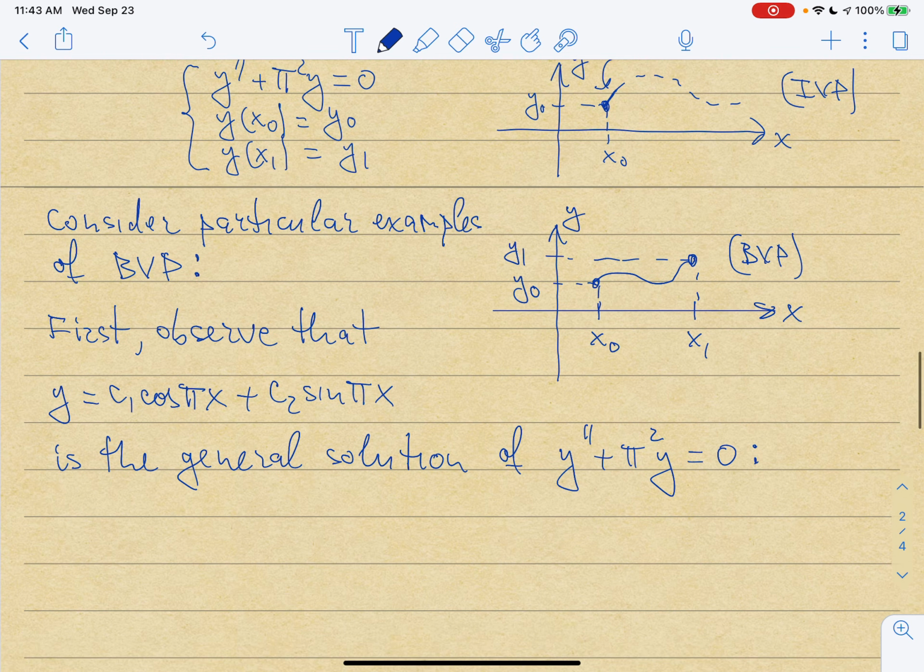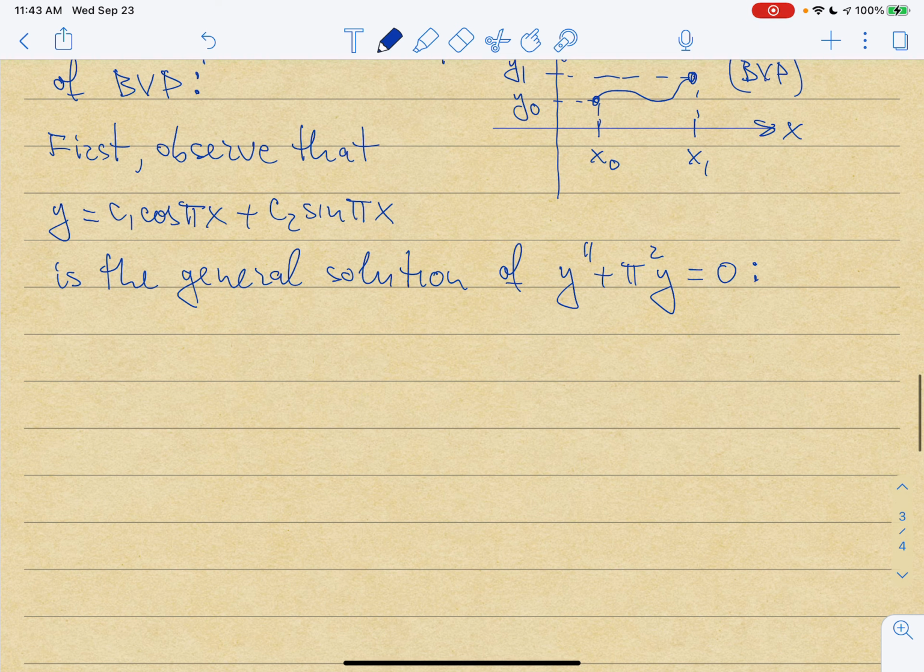We need to figure out the second derivative and then substitute the function and the second derivative into the equation. Let's check that. So y prime is minus pi c1 sine of pi x, the chain rule, plus pi c2 cosine of pi x, another application of a chain rule.